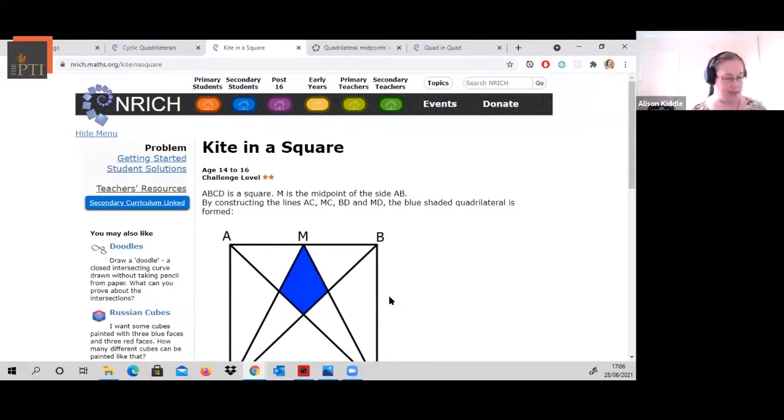So the journey we've taken so far then, we've talked about giving students a framework for understanding a proof in cyclic quadrilaterals. So doing the examples numerically and then that giving insight into the general proof.